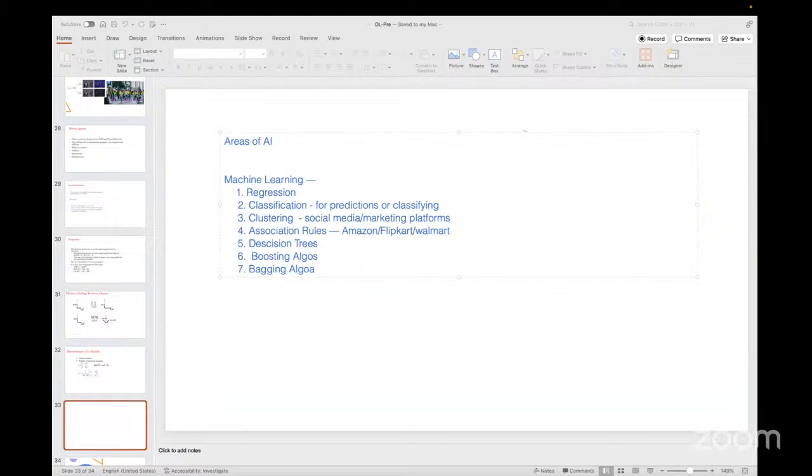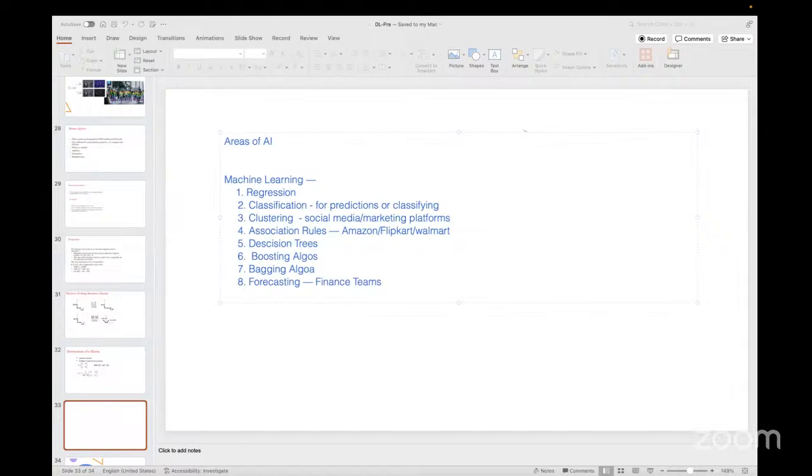Near about 20 to 25 different use cases that we will be covering across different industries: manufacturing, retail, finance. Eighth, we also learn about forecasting revenue, mostly used by finance teams.